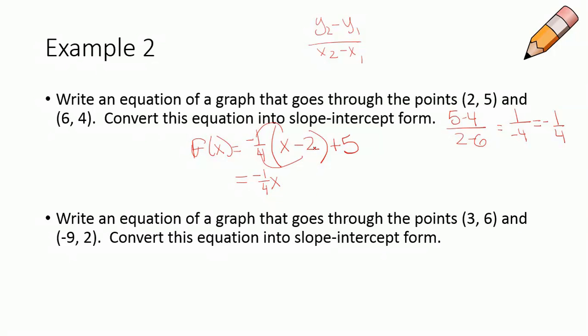Negative 1/4 times negative 2 is a half, because 2/4 make 50 cents, right? And then I still have this plus 5 hanging out here. So let's simplify. I still have negative 1/4 x, but a half plus 5 is 5 1/2. I'm done. That's my equation.